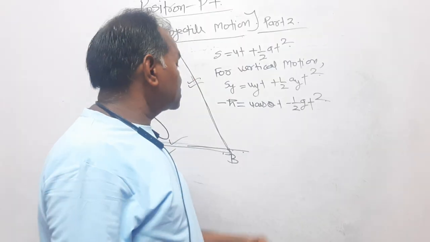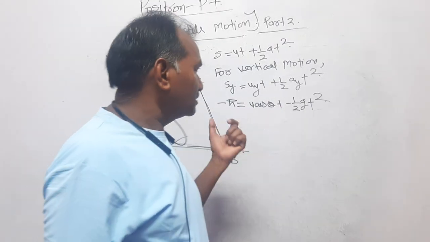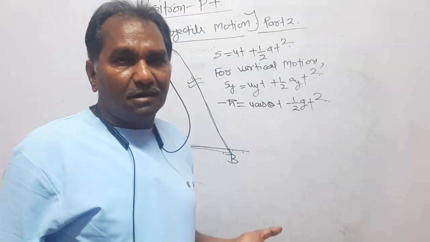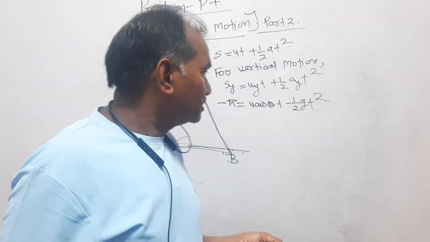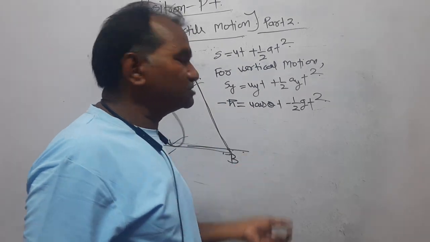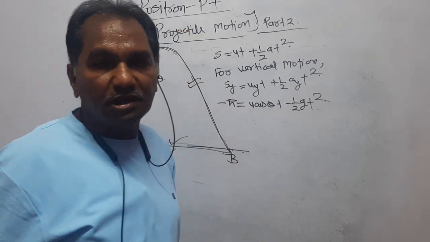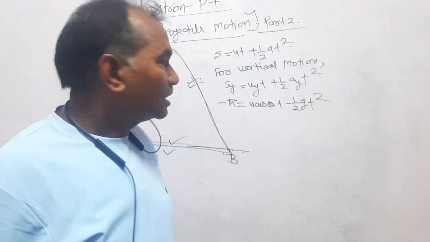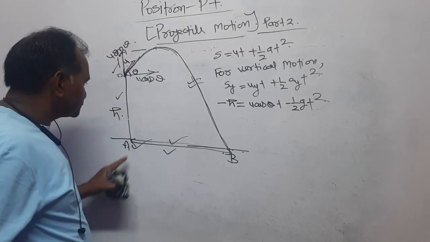This is a quadratic equation; if you solve this, because I am just trying to let you understand, let you learn, right? In the examination, the values of u, theta and h will be given. If u, theta and h are known, then you can find the time of flight.